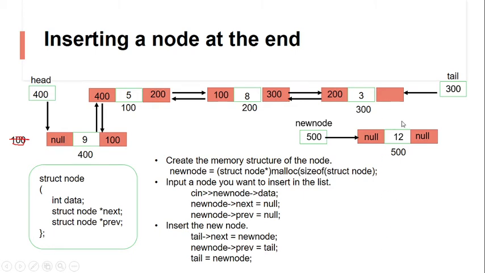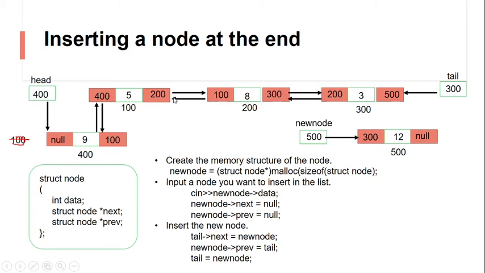So what will be this blank I mentioned a while ago? It will be 500. Now this null will also change into 300. And now we'll have a double connection on the node that is done.